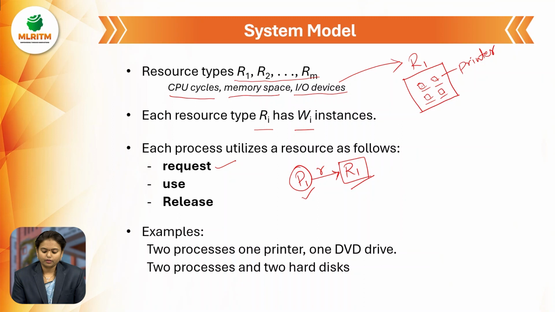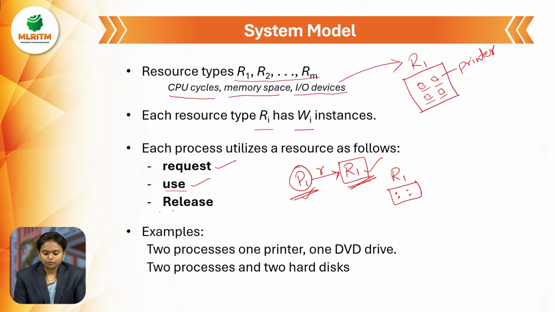Then it will be used, which means process P1 is using the resource type R1. If R1 has four instances, process P1 will use one of those instances.